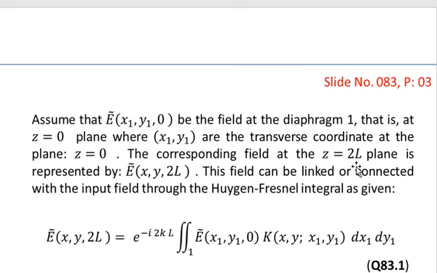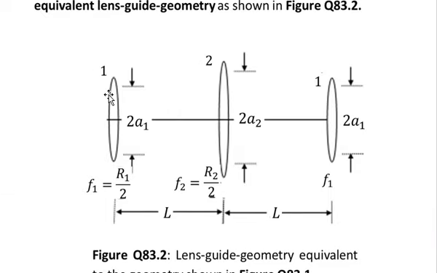The corresponding field at z is equal to 2L plane is represented by E prime of x, y, 2L, and the coordinates at the second lens 1 are represented by x, y, where x1 y1 are the transverse coordinates at the lens 1 on the left hand side, and x, y are the transverse coordinates at the lens 1 on the right hand side.